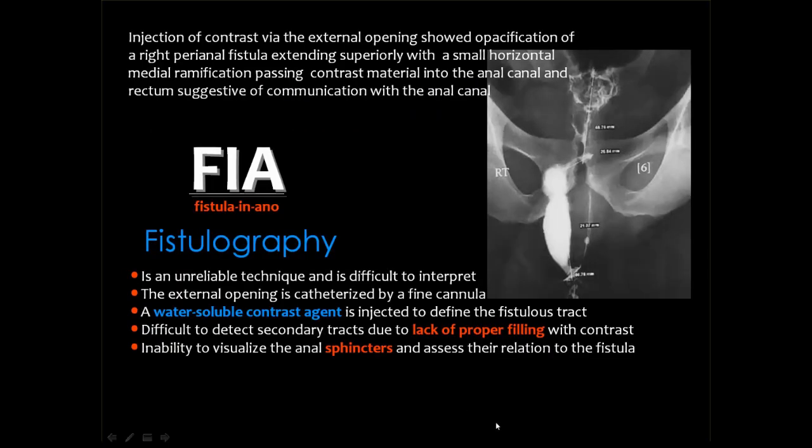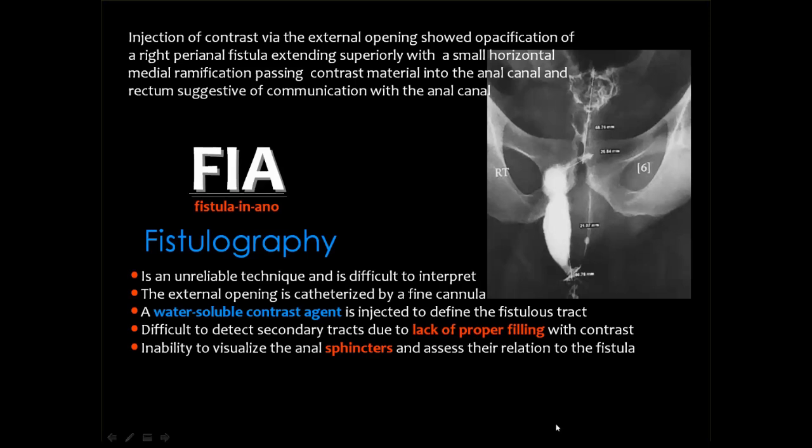Then one of the old techniques for evaluation of the anal fistula is to inject contrast material through the external opening, and you take films to identify the fistula's tract, its connection to the anal canal or rectum, and whether there are abscesses or side branches.